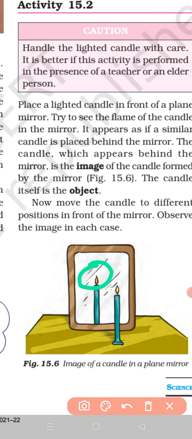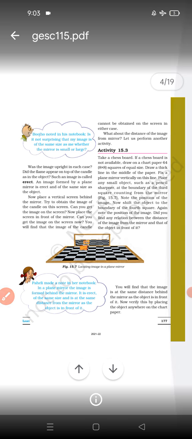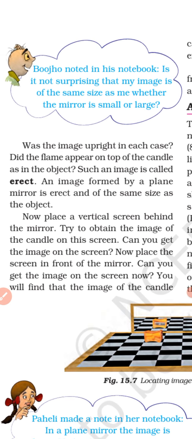It is at the top. If you place the candle, which is the object, in an inverted position, then the flame will go down at the bottom. So this signifies that the image is erect.